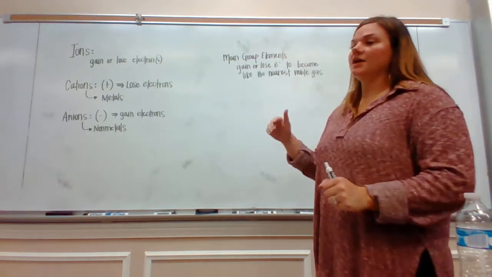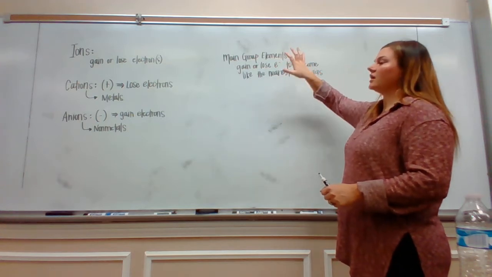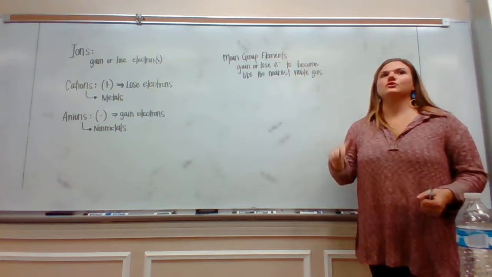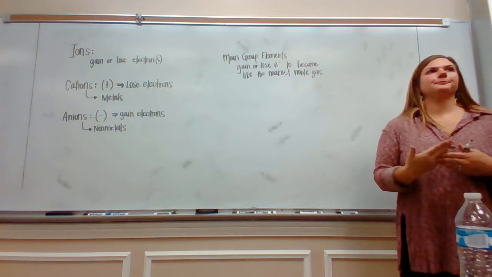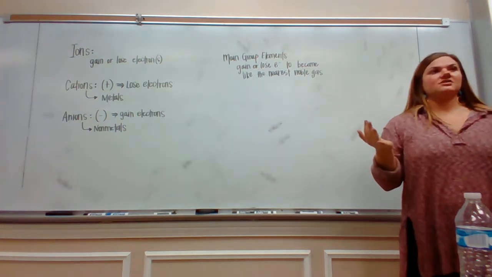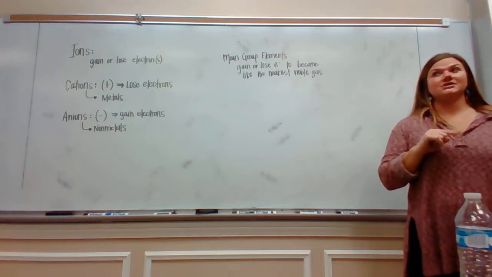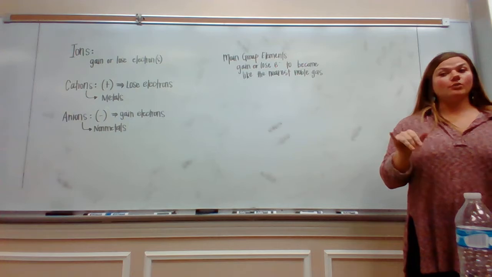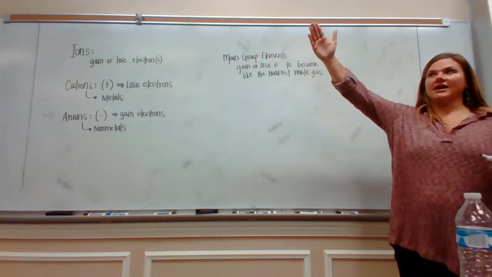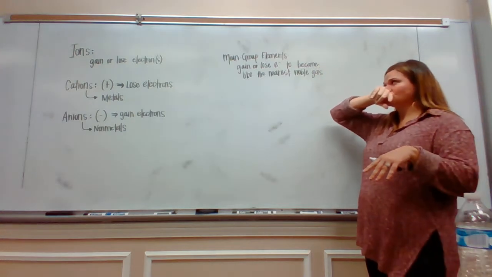So, main group elements follow specific rules, and they do this every time. Okay? Their goal in life is to gain or lose electrons to become like their nearest noble gas. Noble gases are that very last column, group 18 there.